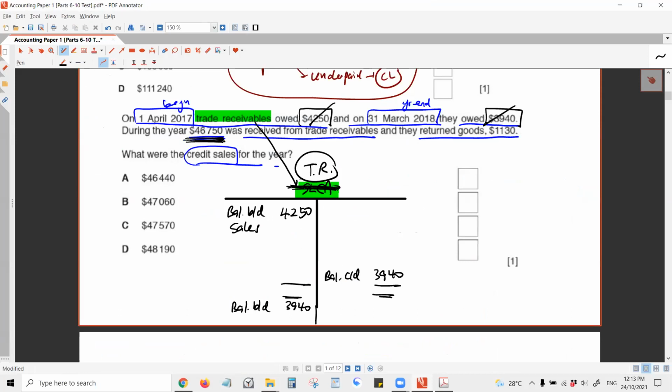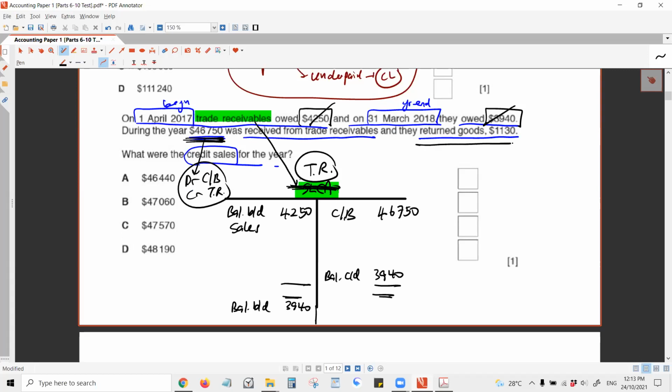46750 was received from trade receivables: debit cash or debit bank, then you credit trade receivable account. So write 46750. Then you write cash or bank here, the amount you have actually received from customers during the year.